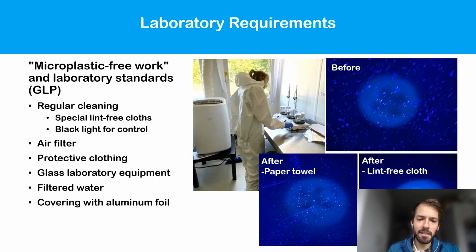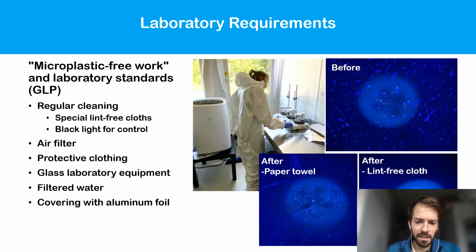In the standardizing process for this method, the first step we wanted to take is the laboratory environment, what laboratory requirements we have. Of course, for a microplastic-free laboratory, cleaning is essential. Before you clean, you should always test your cloths or towels which you use for cleaning to see if they're really lint-free.